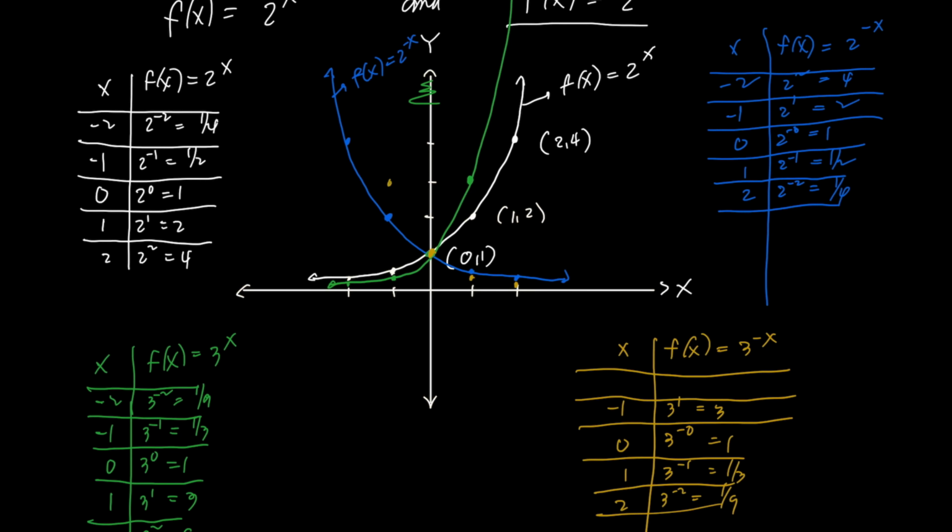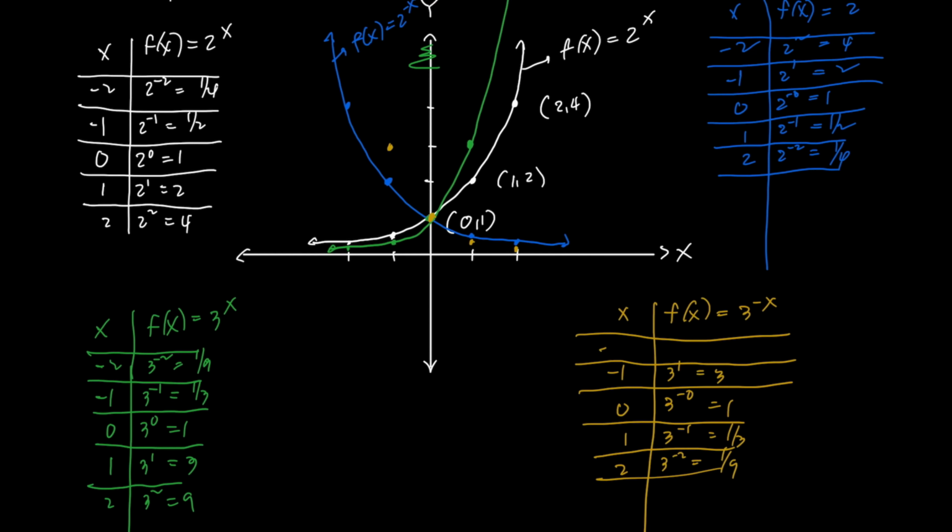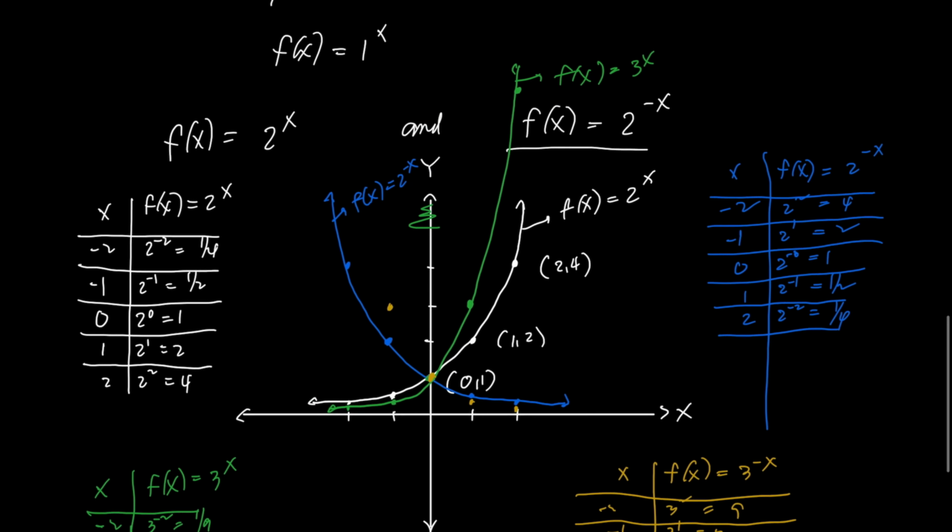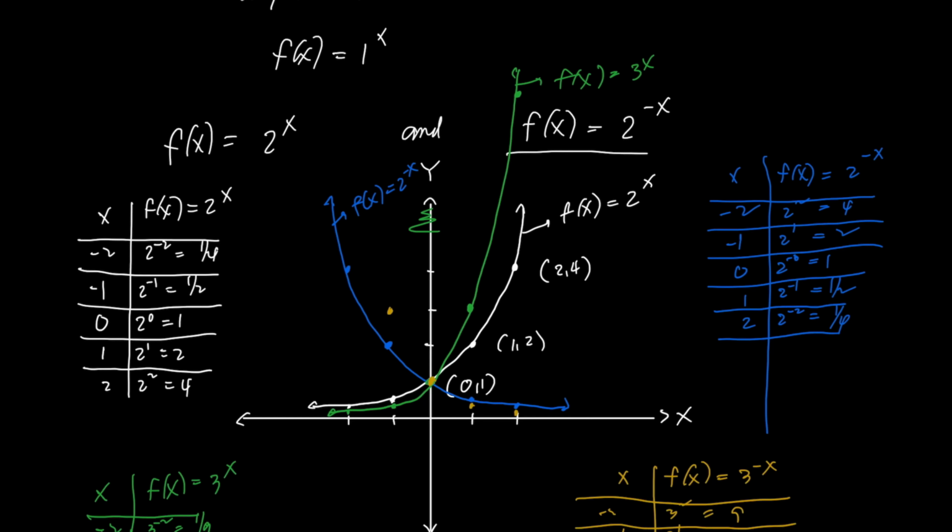Next, if x is negative 1, that's 3 to the negative negative 1, that is 3 here. And then, if x is negative 2, that's 3 squared, and that is 9 here. Then connect the points.